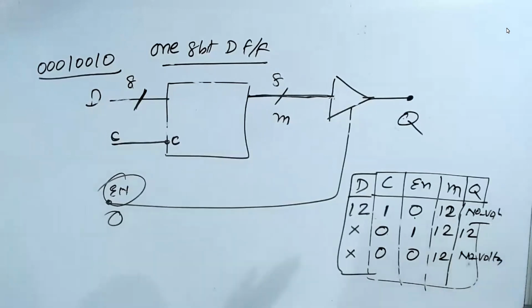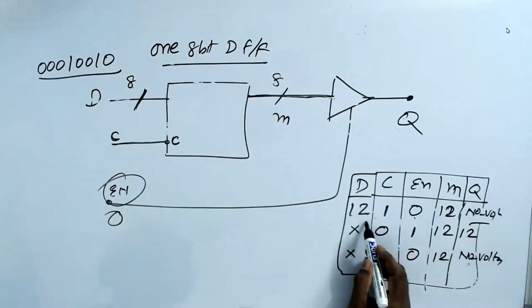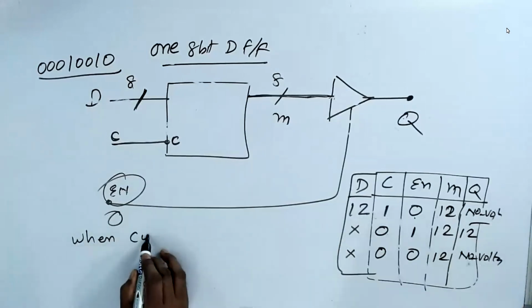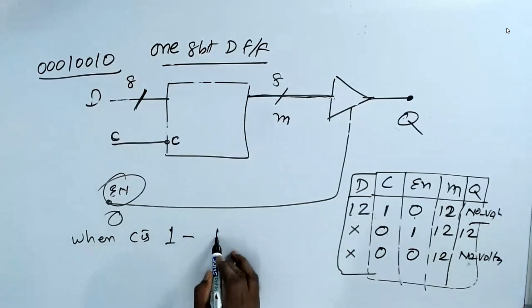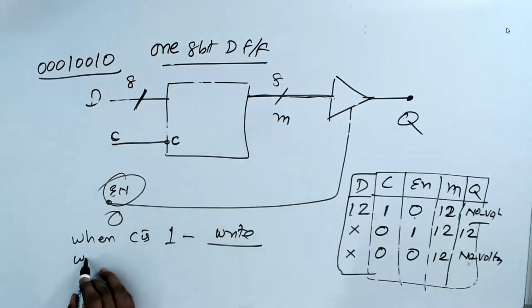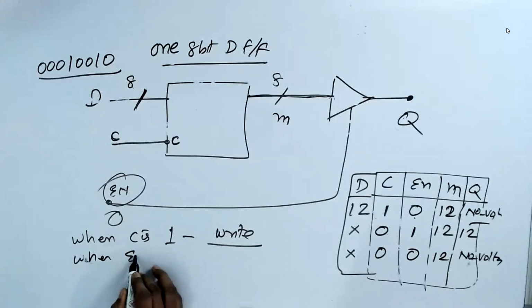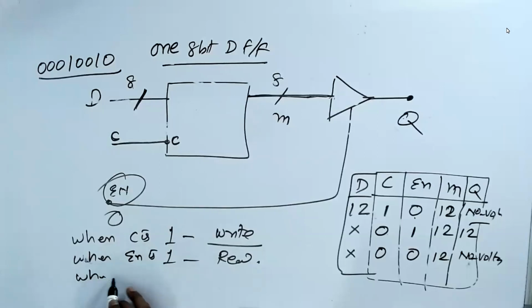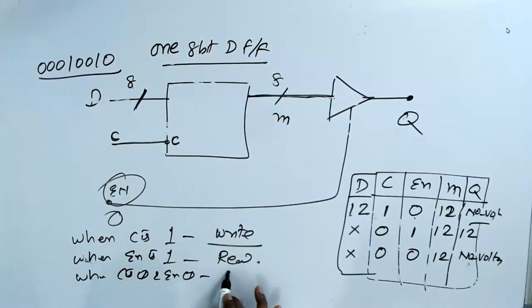To understand now, when C is 1, we write. When enable is 1, we read. And when C is 0 and enable is 0, we store.